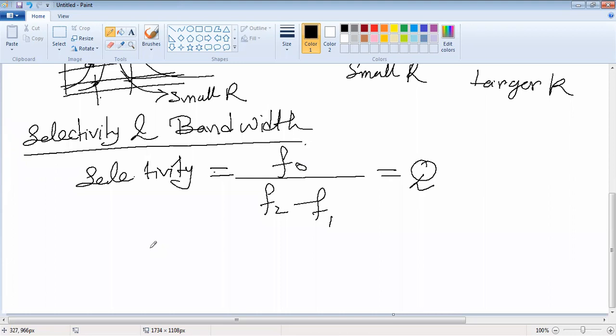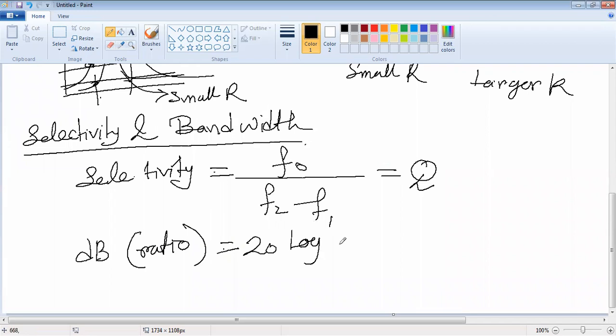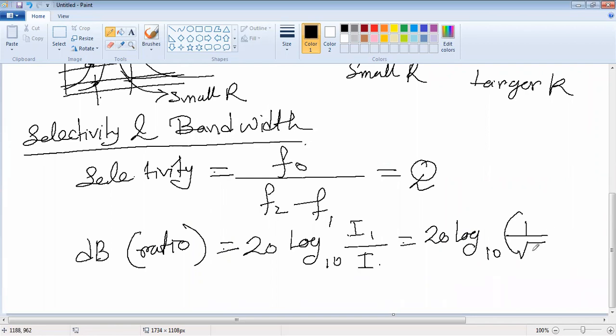Now F1 and F2 are also called the 3 dB points, as the current ratio I1 by I0. And what is the 3 dB? dB means the ratio. This is 20 log base 10 of I1 by I0, equal to, we can write down, 20 log base 10 of 1 by root 2.